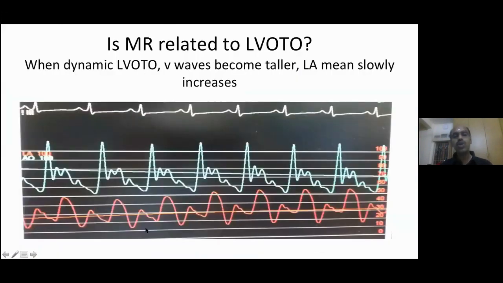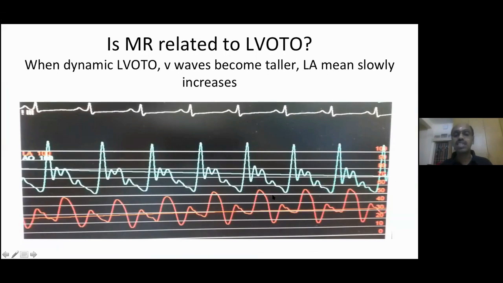We also have to look at what is the back pressure. Left ventricular end diastolic pressure gets elevated, and as the LVEDP elevates, LA pressure also elevates, and so whenever there is a dynamic severe LVOT obstruction, this patient can develop severe left atrial pressure elevation, late systolic increase of the V waves caused by mitral regurgitation.